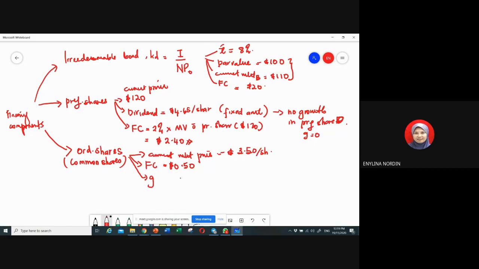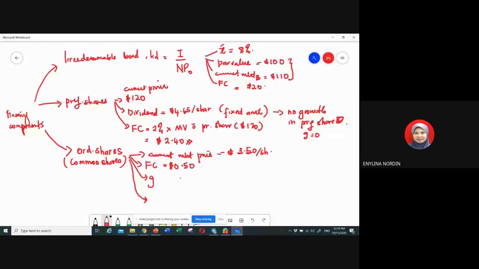Okay, next, it is stated that the ordinary shareholders will receive dividends. It's stated that Nike is expecting to pay dividend. So that means this is the expected dividend, with the abbreviation D1. That means it's already calculated for you.